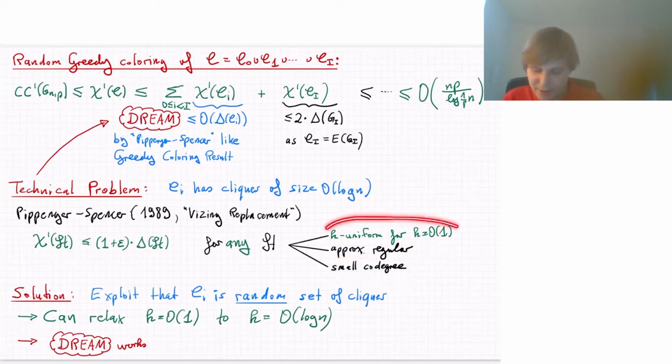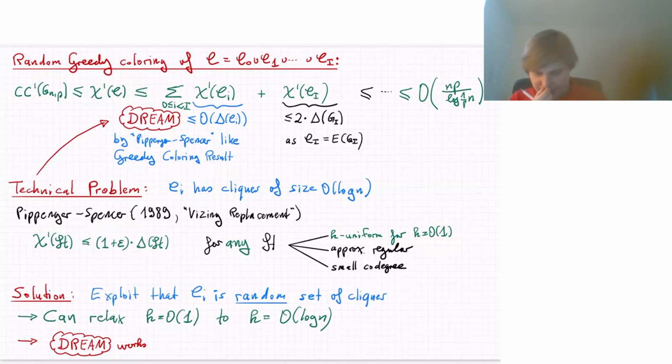So the only barrier here is this k uniformity bound in this Pippenger-Spencer result. And I'm pretty sure that if you look into the proof of Pippenger-Spencer or some other proofs that have emerged since, you can surely do something here with this uniformity. Maybe you can improve this a little bit. It's not just order 1, but at some rate growing to infinity. But to go all the way up to log n will surely be very challenging.